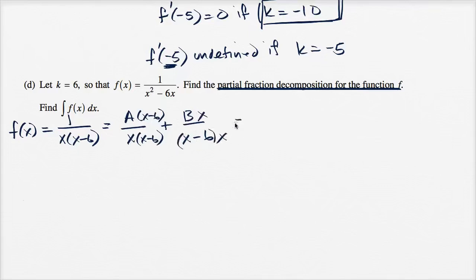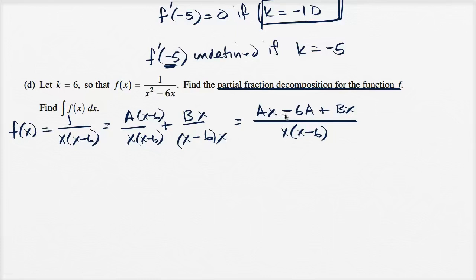And so that would give us, if I distribute the a, ax minus 6a plus bx over x times x minus 6. If this looks completely foreign to you, I encourage you to watch the videos on Khan Academy on partial fraction decomposition.